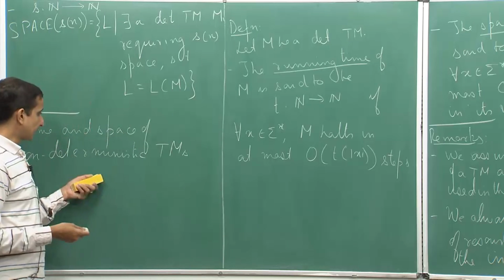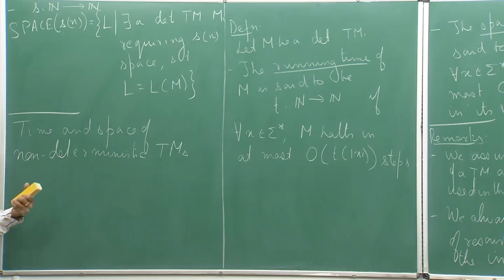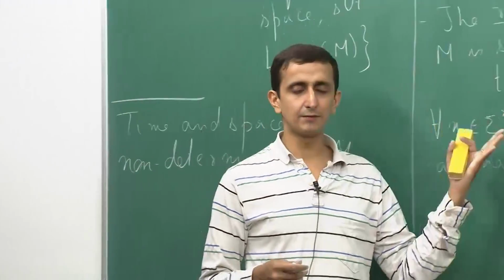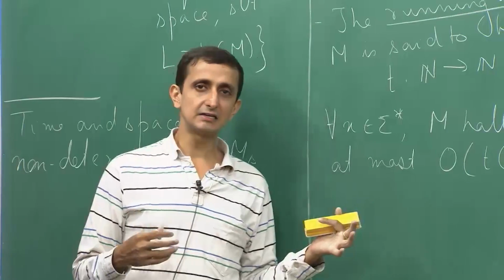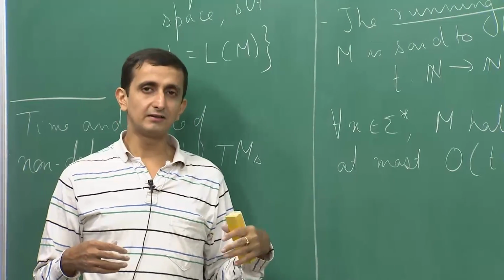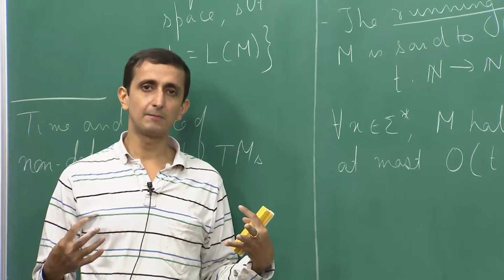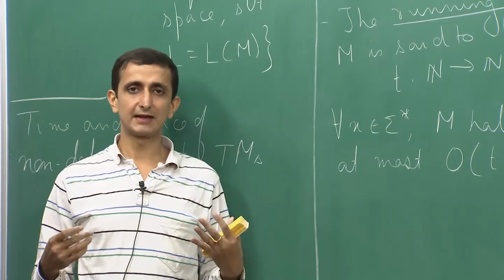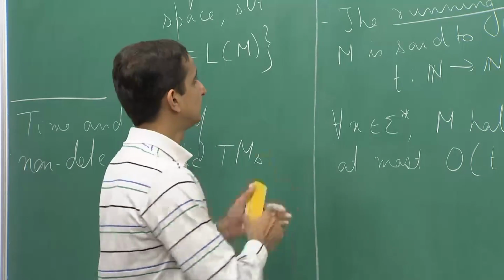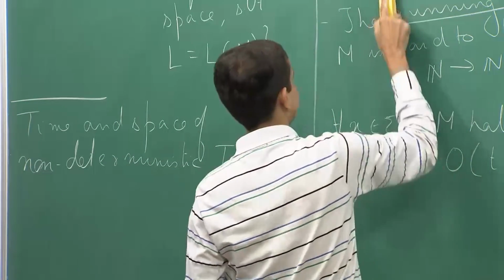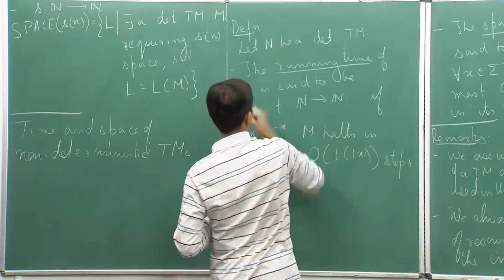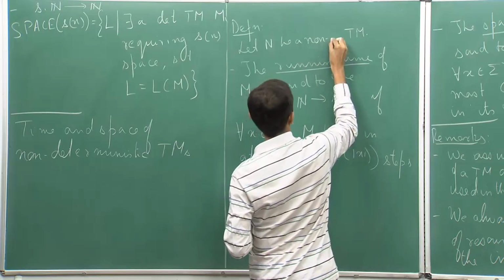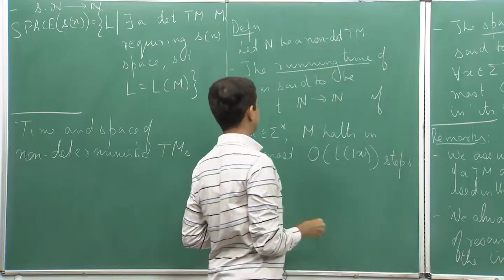therefore, when we talk about the running time and the space required, we have to be a little careful. Okay. So, the way we define the running time of a non-deterministic Turing machine is we look at the maximum time that is required over all the computation paths. Okay. So, whatever is the maximum running time over all computation paths. So, let me just define here. So, let N be a non-deterministic Turing machine.